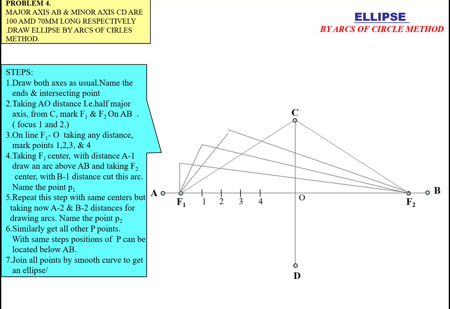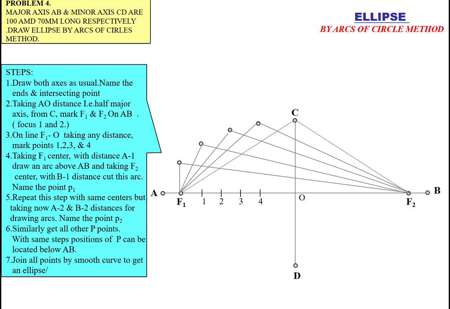Same as, take the distance from A to 4 as radius, take center F1 and draw an arc. Again take a radius as the distance B4 and make an arc from center F2 which cuts the before arc. So we'll get the fourth point. So here we got 4 points P1, P2, P3, P4.